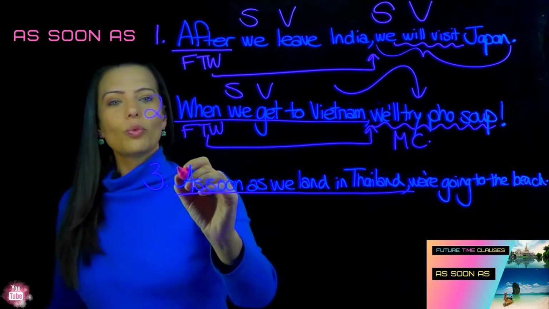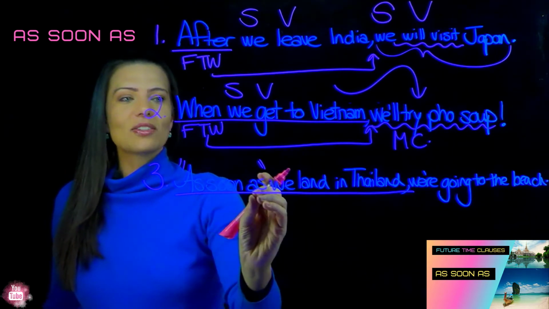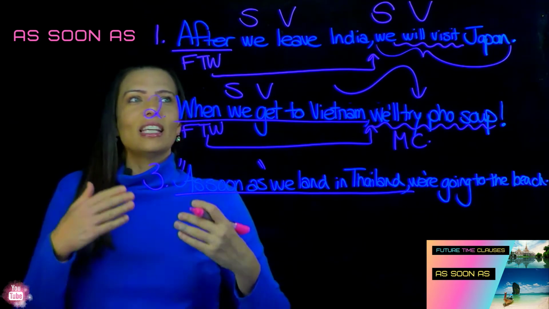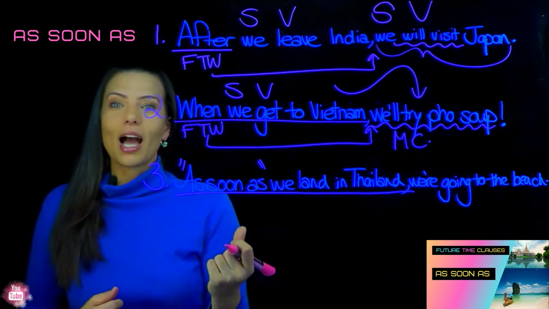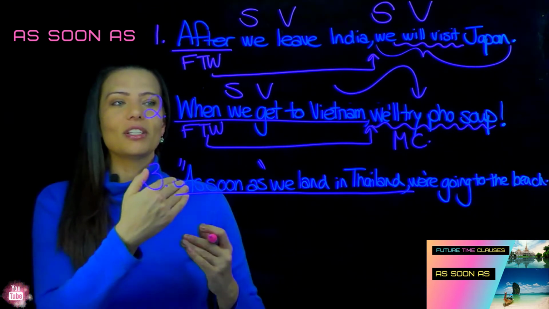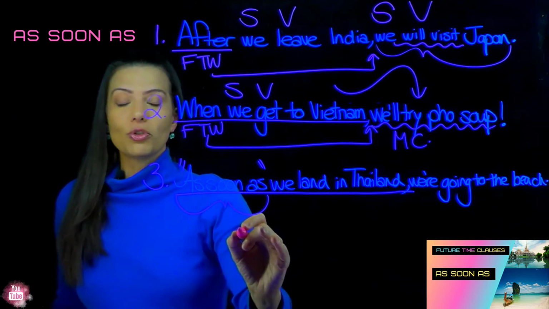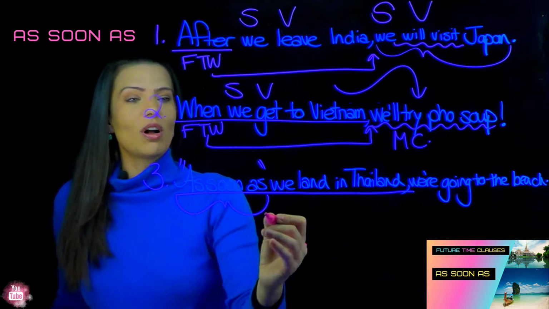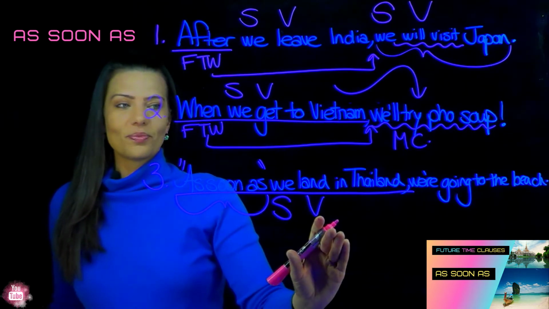Number 3, as soon as we land in Thailand. So here we actually have a future time phrase, as soon as. That means immediately. So one thing happens and then another thing happens very quickly, very soon after. So this in total is the future time phrase, we'll call it. We have the subject and the verb in the simple present.